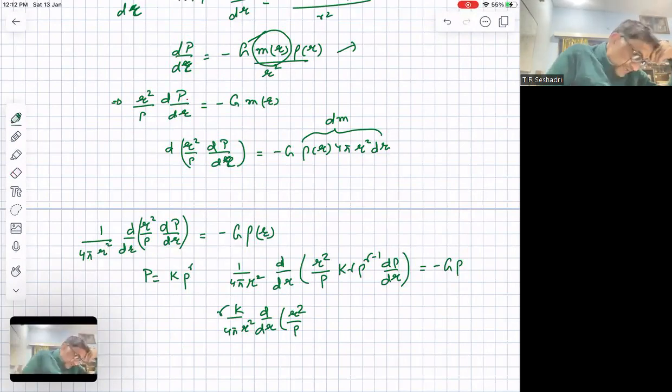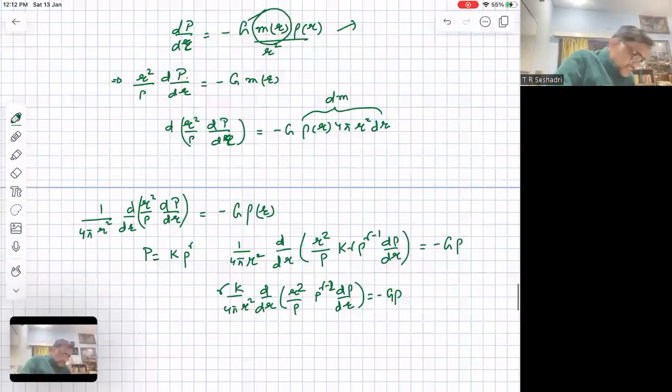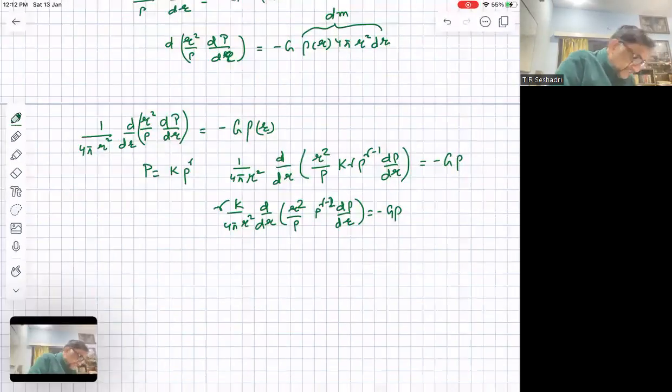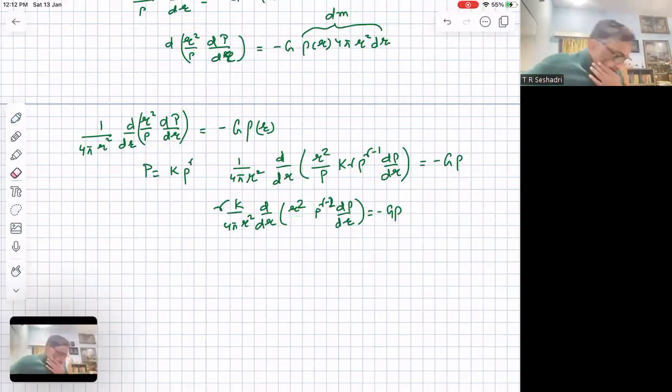And so I have rho power gamma minus 1 minus 2 d rho by dr equal to minus G rho. Okay, I mean, this is just some dry algebra, but this is to be done for getting it into a very interesting form.